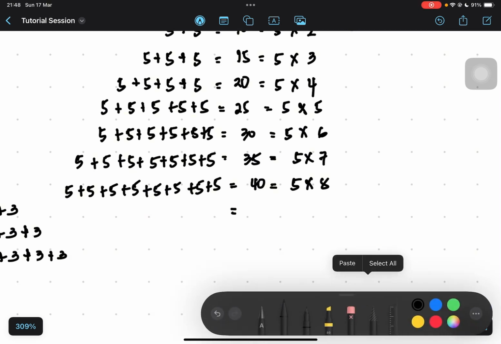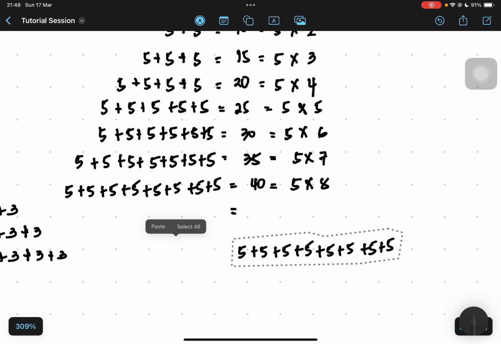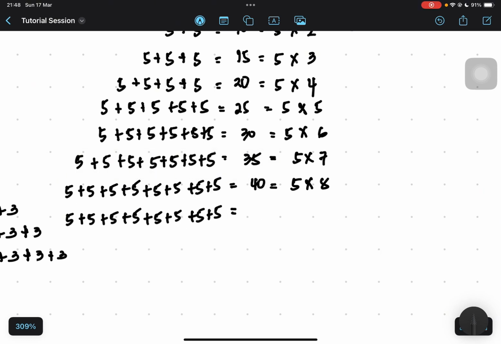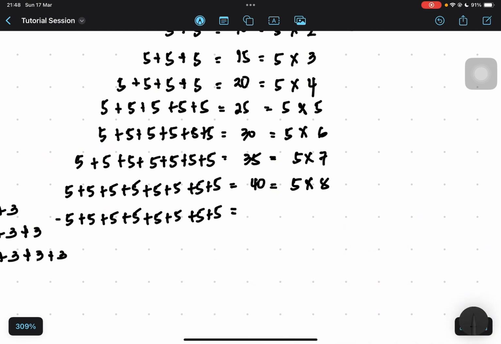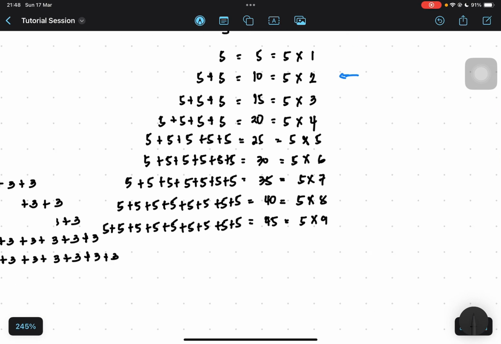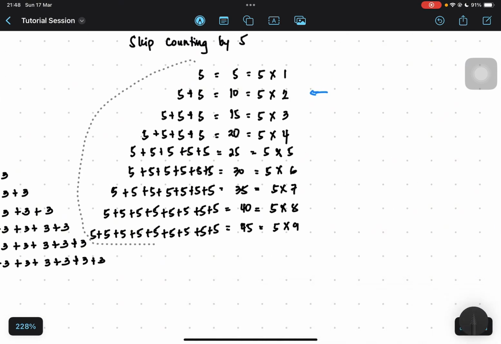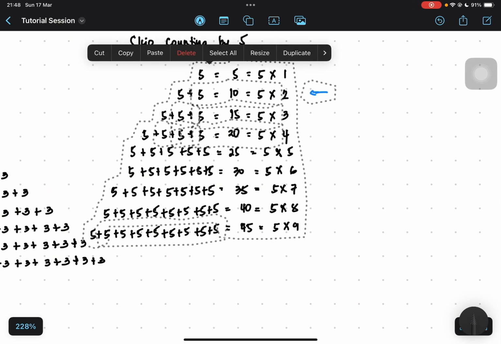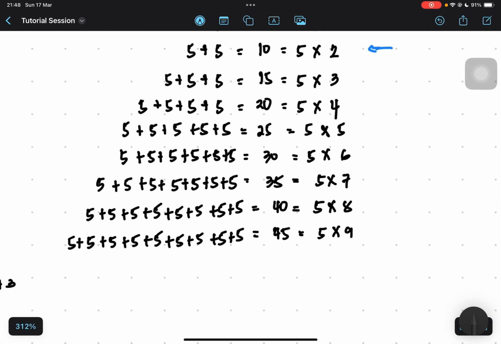Then this one, adding another 5 on it, there is the interpretation of 5 times 9, or adding 5 nine times.